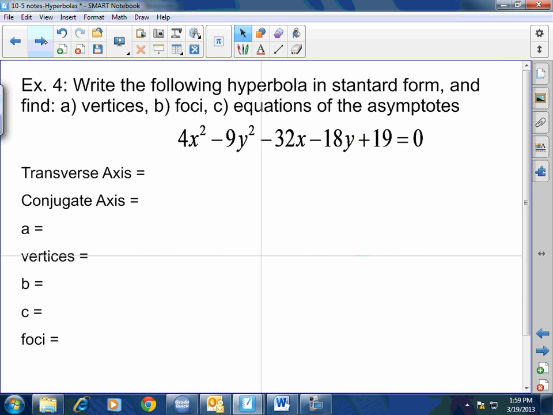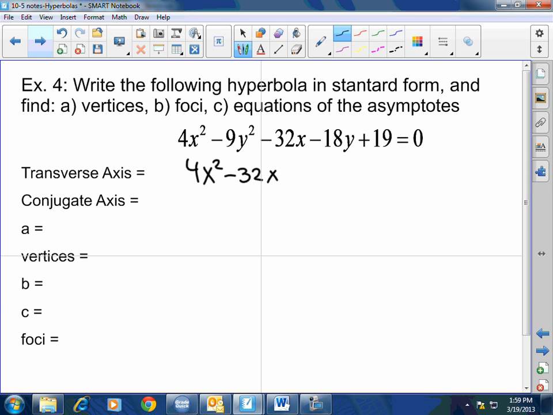Next. Now, I want to go ahead and write this in proper hyperbolic form. Find the vertices and the asymptotes, the whole nine yards. All right, so this is what we've done 100 times already. Let's go ahead and complete the square. So let's get the x's together. 4x squared minus 32x.